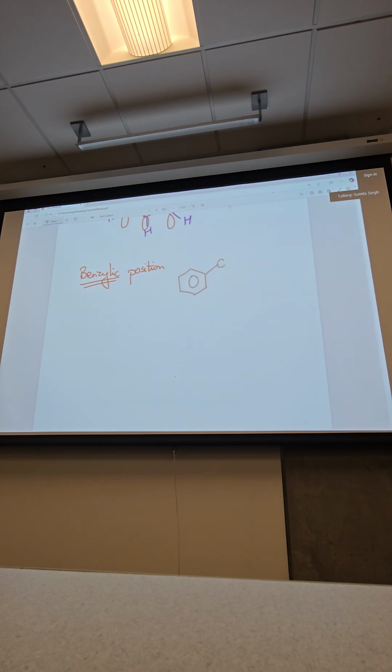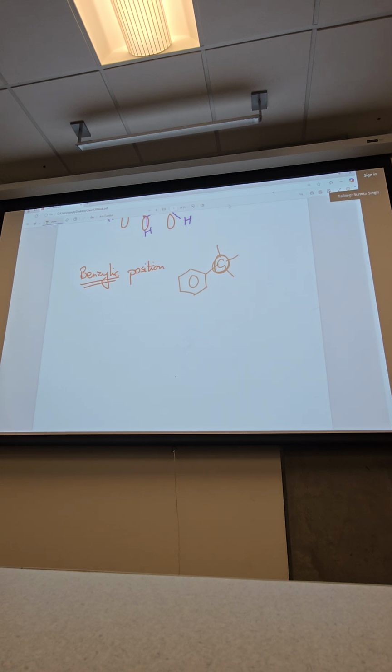If it's a carbon atom, then this carbon is the benzylic carbon, and of course the hydrogen on it is a benzylic hydrogen. That's the benzylic position, which is on the benzene ring, but not part of the benzene ring. Okay, cool.